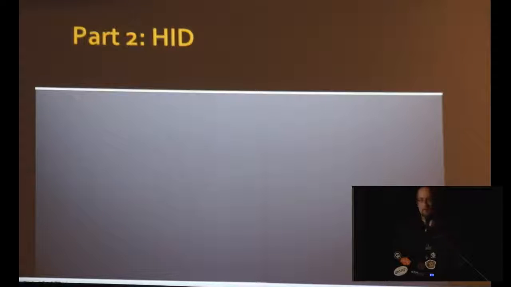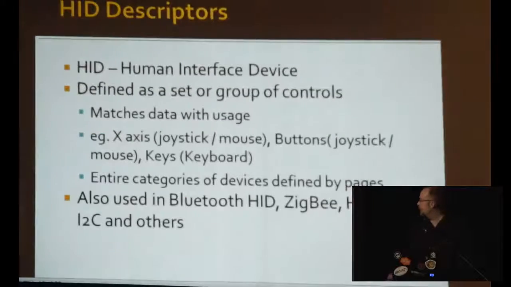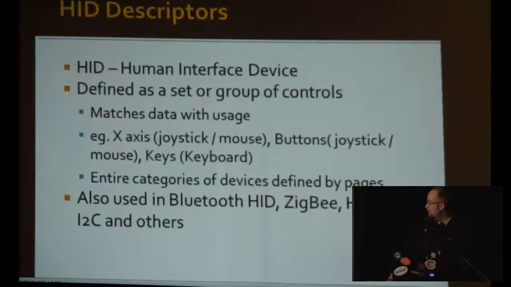So now that we have the basics, let's talk a little bit about HID and why it's important. HID descriptors. Basically, HID is a human interface device. What that means is it's a set of groups or controls, or at the end of the day, a format of how your data is being set up and formatted by the device and allowable by the HID driver.